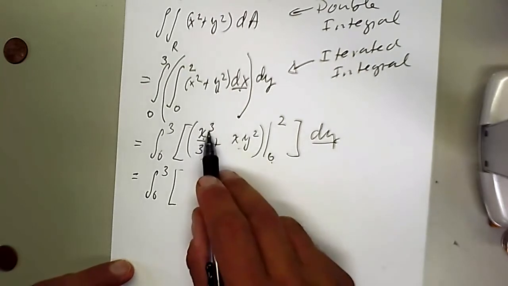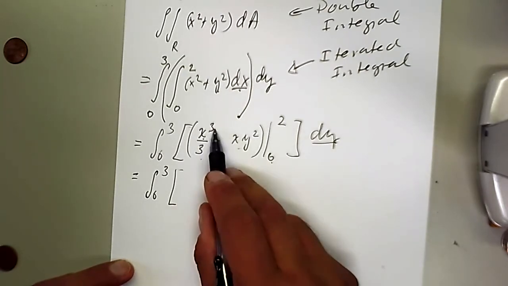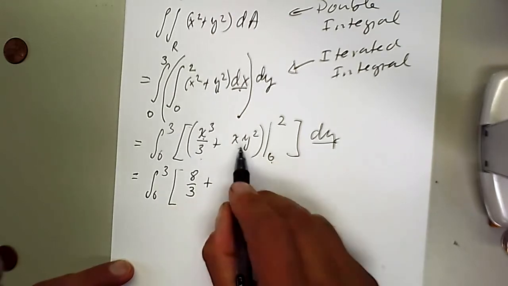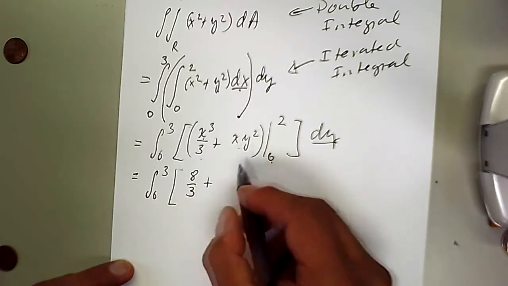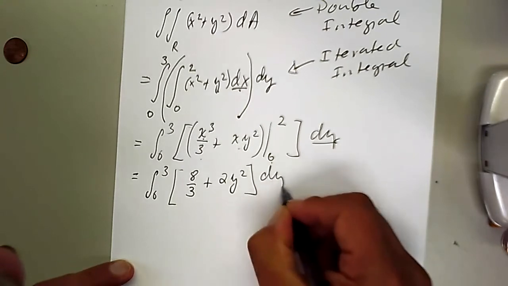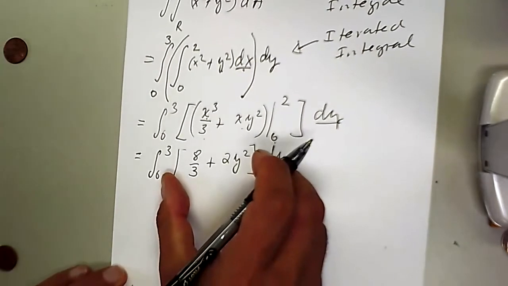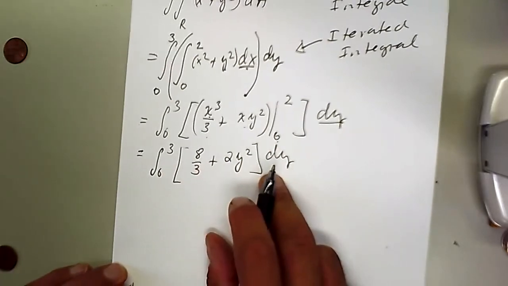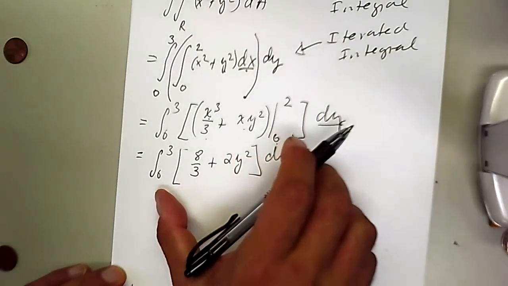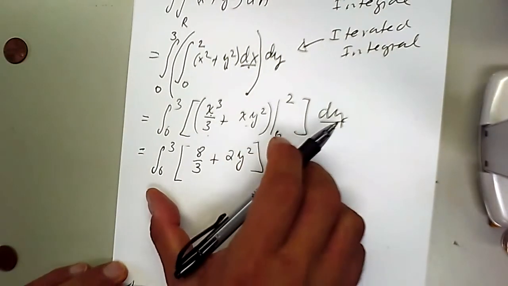So we have 2 cubed, which is 8, over 3 plus 2y squared, close the bracket, dy. Okay, so now this is a pure function of y, no x involved because that was already evaluated. And now we can move on to our next integral, the exterior integral.